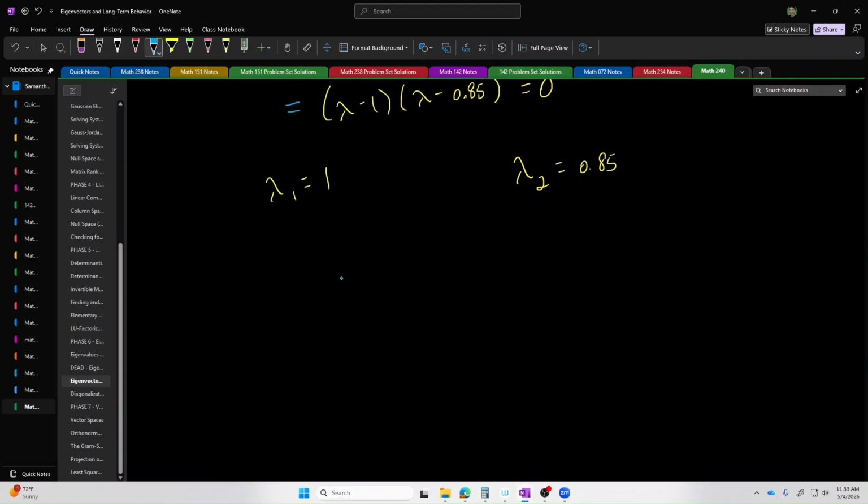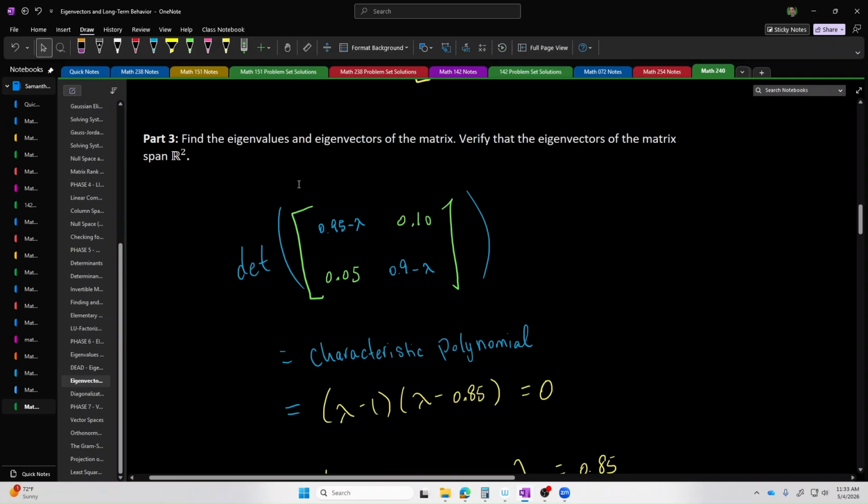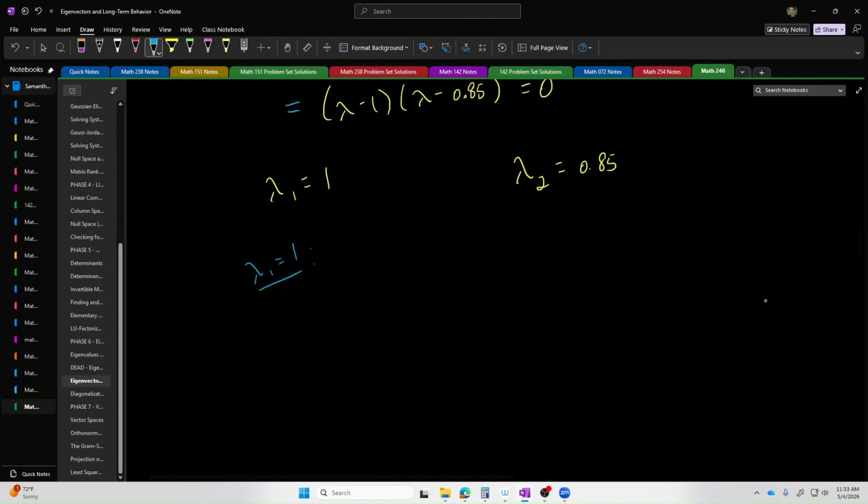For example, focusing on lambda 1 equals 1, if I go into the matrix and subtract 1 from the diagonal entries, I end up with the matrix negative 0.5, positive 0.1, positive 0.5, and negative 0.1. If I look at the null space of that, I can see right away that the second row vanishes because it's a scalar multiple of the top row.